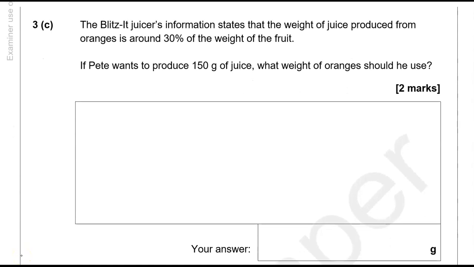The blitzed juicer's information states that the weight of juice produced from oranges is around 30% of the weight of the fruit. If Pete wants to produce 150 grams of juice, what weight of oranges should he use?